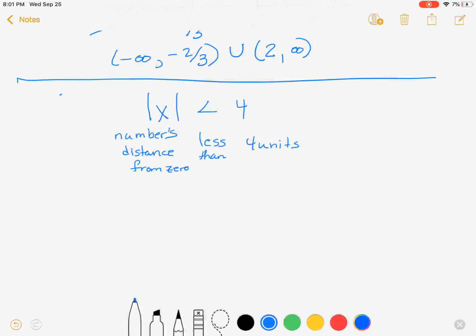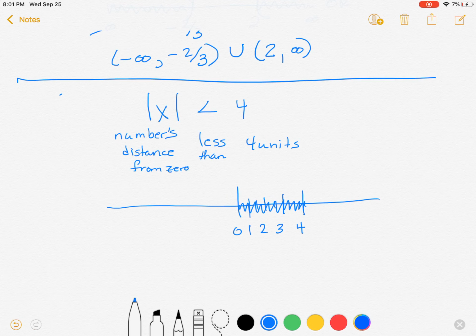Okay, so if I look at the number line with 0, now here is a distance of 4 units, and I'm just looking on the right hand side of 0. Where is that distance from 0 smaller than 4 units? It's somewhere in between here. Like, that would be a distance of 3, which is smaller than 4. That would be a distance of 2 and a distance of 1.